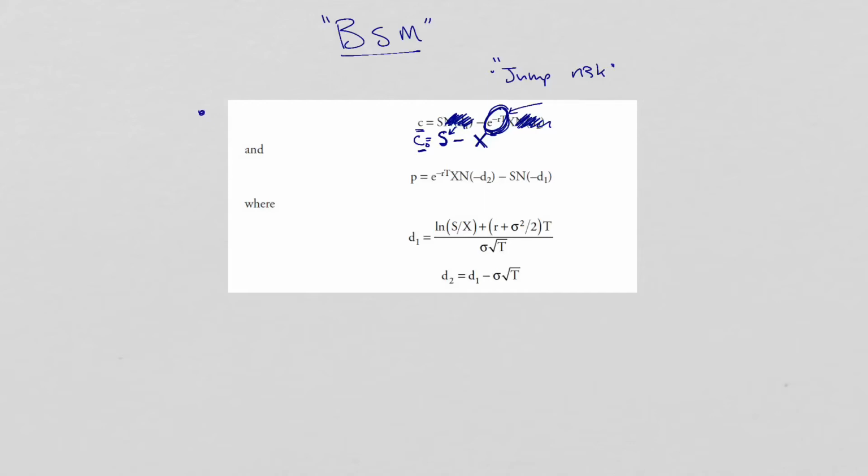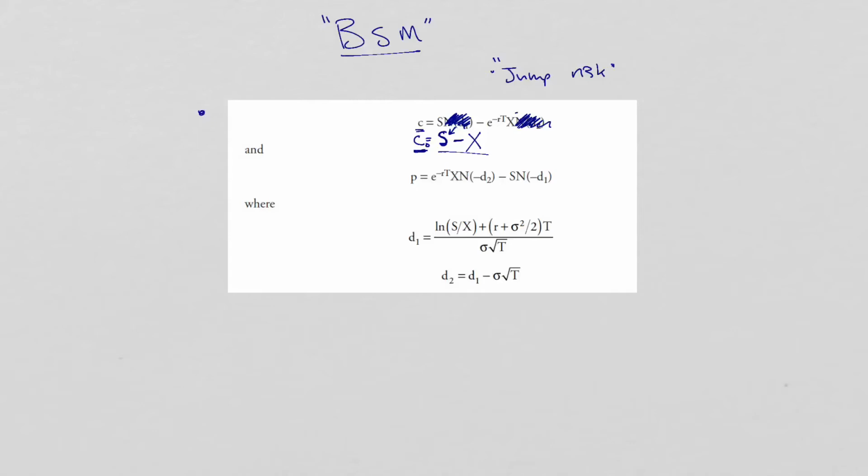We know how far away to maturity it is, so we know T because we know the expiration of the option that we're pricing. And R here is the discount rate, the risk-free rate, the rate on short-term treasuries. So it's kind of like you've seen before. You have essentially S minus X, the profit on this call, discounted.